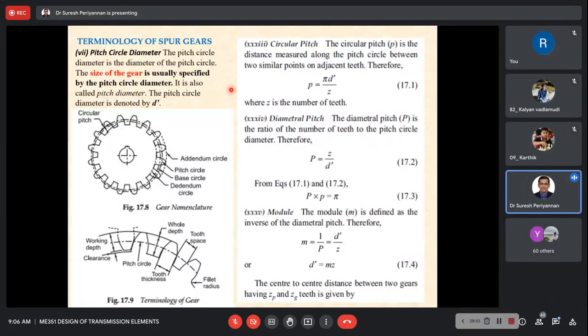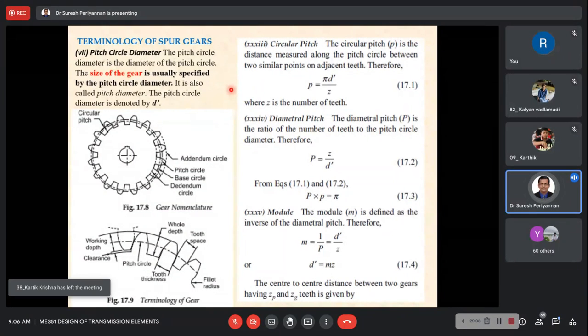Right? Now, transmission ratio, the second terminology. We already discussed many terminologies. Now, velocity ratio, I told you that. Now, I would like to tell you about transmission ratio.